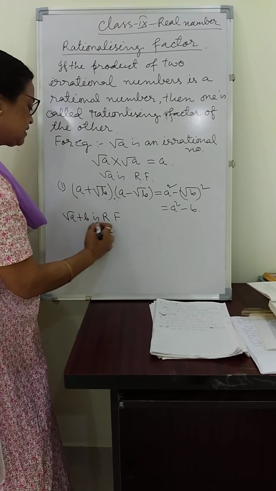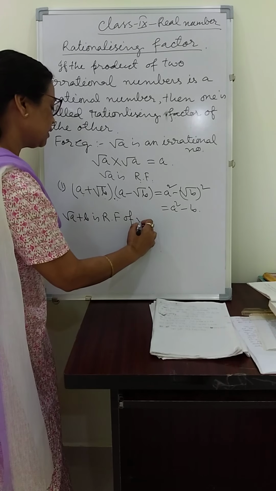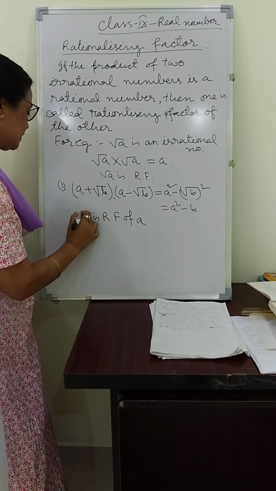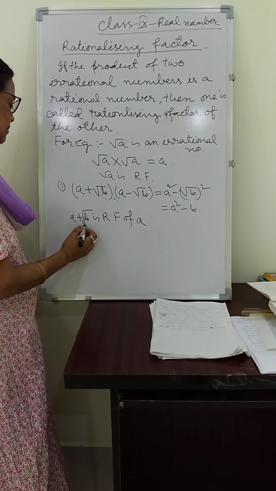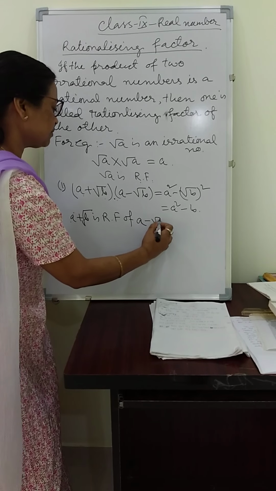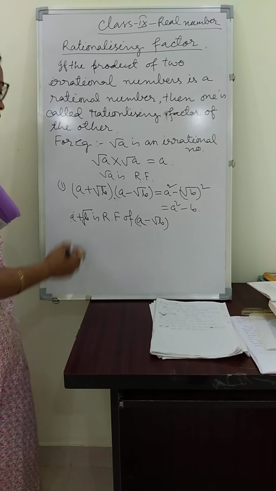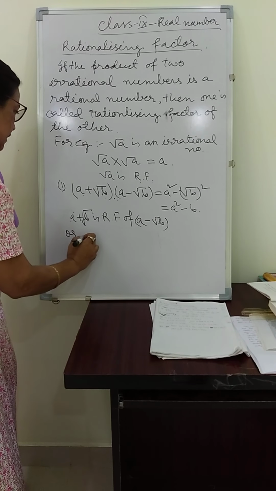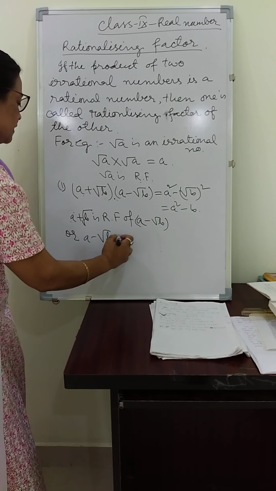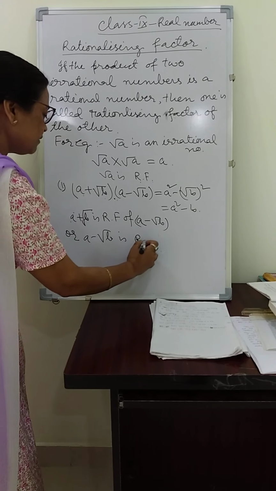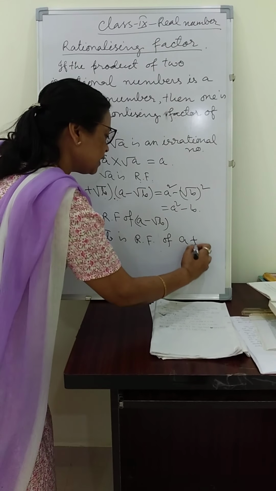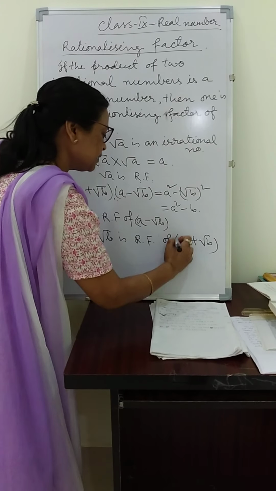Rationalizing factor is RF of a minus root over b, or a minus root over b is RF of a plus root over b.